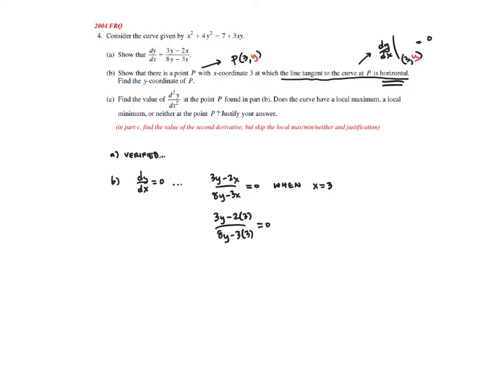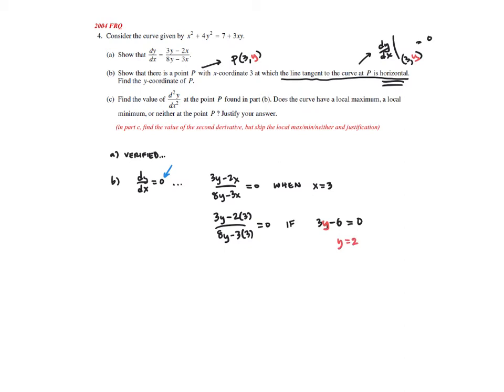We want that to equal 0. Now, the only way that this can equal 0 is if the numerator equals 0. We don't want an expression of 0 over 0, which in this case we can't get. So now we can find our y value such that the tangent line to the curve at point P is horizontal, meaning that dy/dx equals 0. So let's solve for y. It looks like y would equal 2.